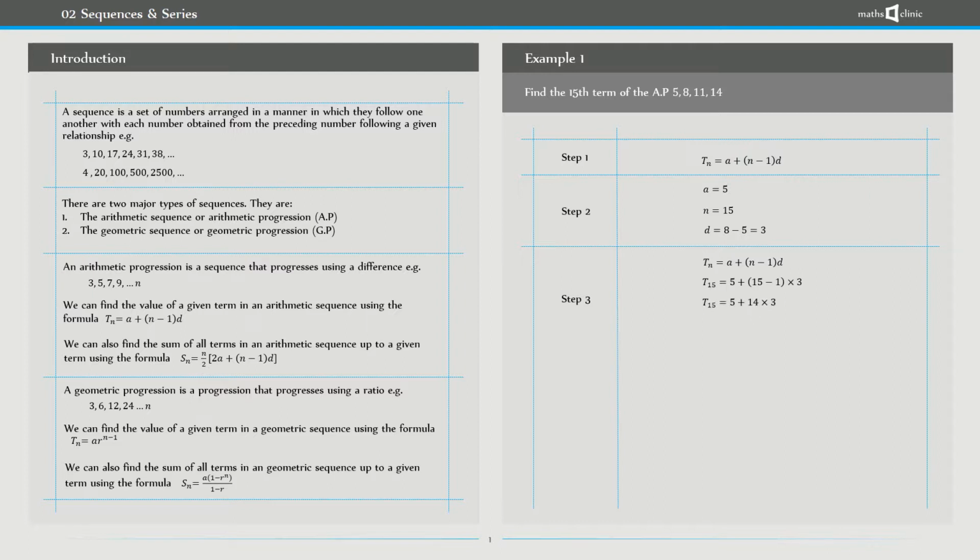T15 equals 5 plus 14 times 3, which is 5 plus 42, and finally we have our answer: T15 is 47.